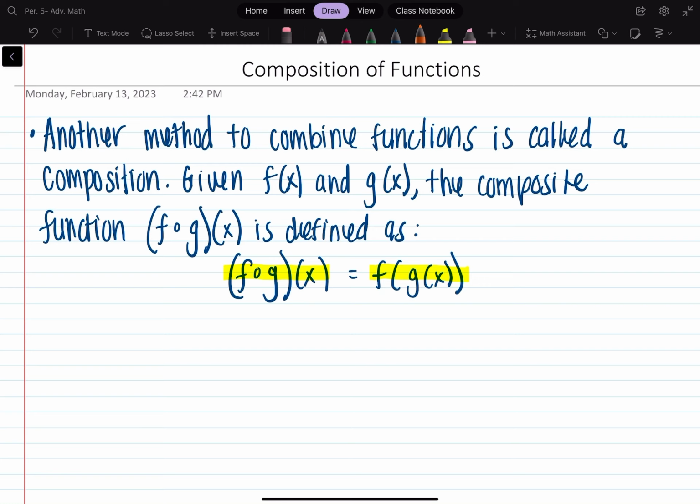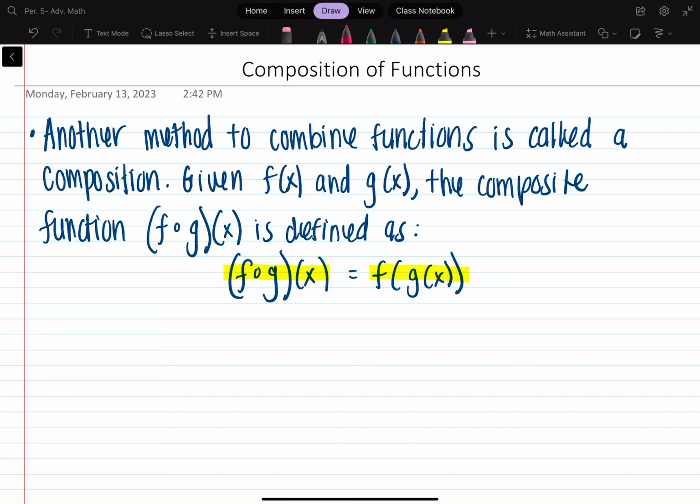Essentially what this means is that rather than just having f of x, where our input is just the variable x, our input is now going to be an entire function itself. So we're going to be taking one function and substituting it into the other.